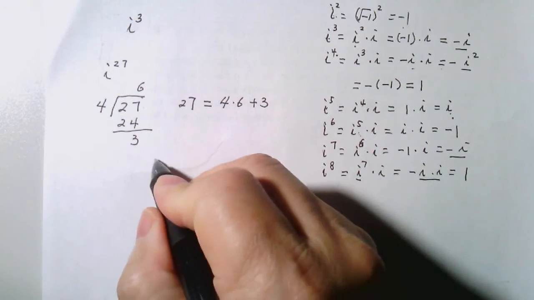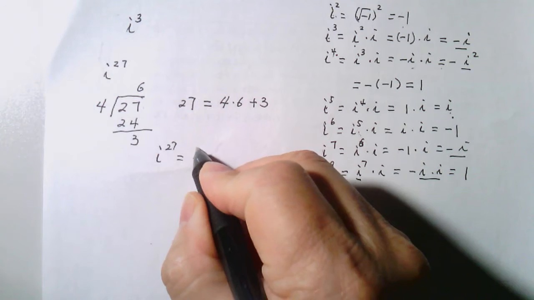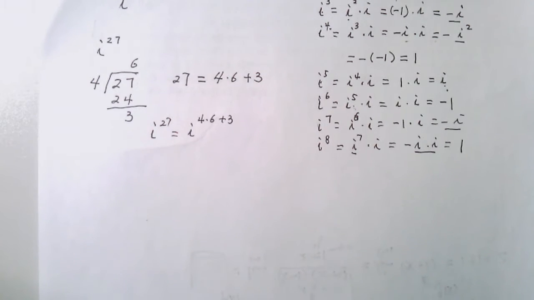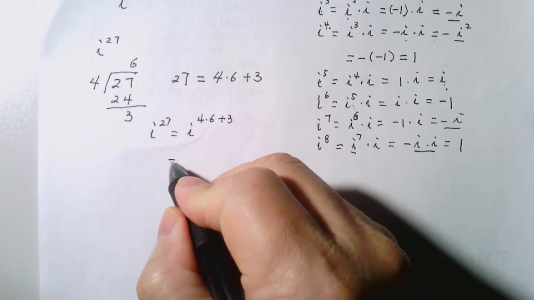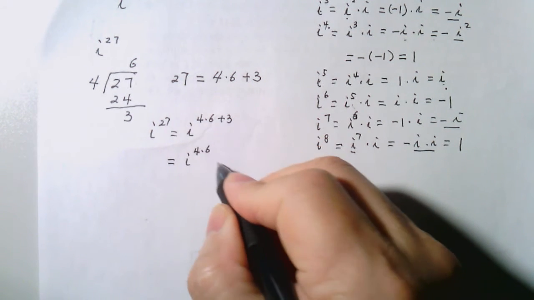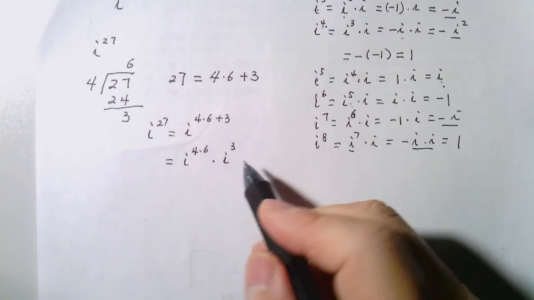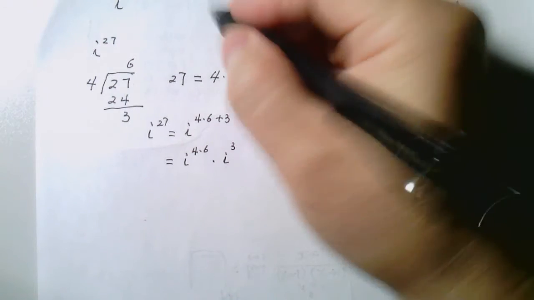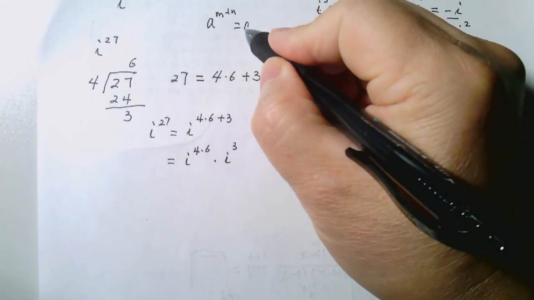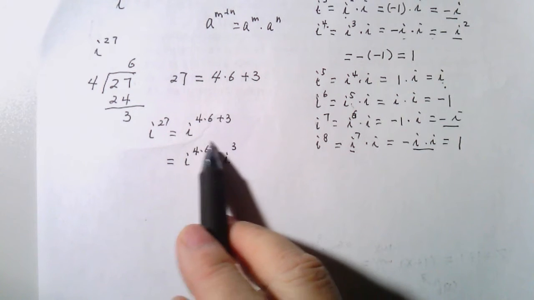So now, when I write i raised to 27, I can write this as i raised to 4 times 6 plus 3. Using the property of exponents, I can rewrite this as i raised to 4 times 6, times i raised to the third. The property says that a raised to m plus n is the same as a raised to m times a raised to n. So for this case, this is m, this is n.